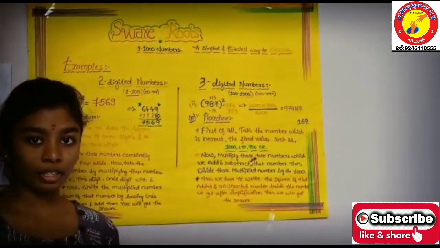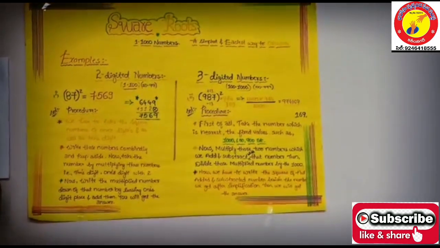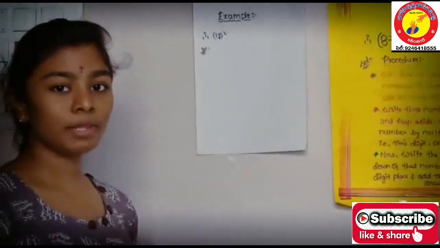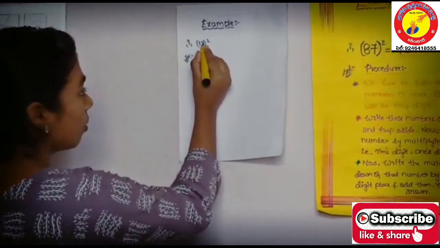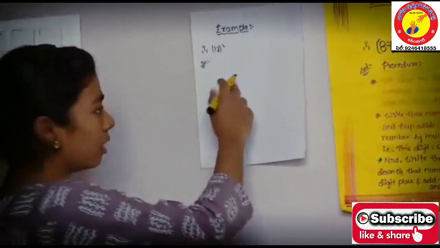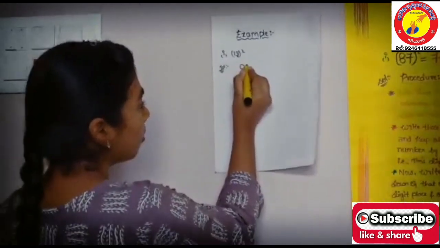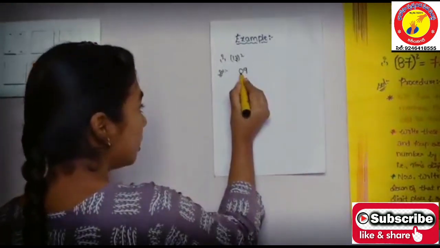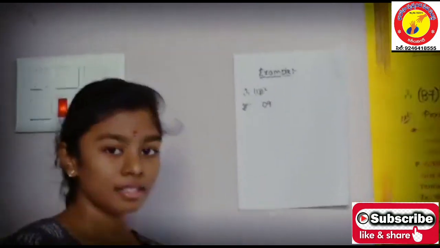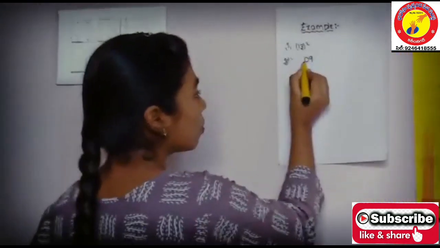Now I will say about the 13 square. Now I am explaining how we get 13 square for that problem. So we have to take the square of 3. 3 square is 9. But we have to consider here 09. Tens digit number also should be considered as 0 in this case. And 1 square is 1.